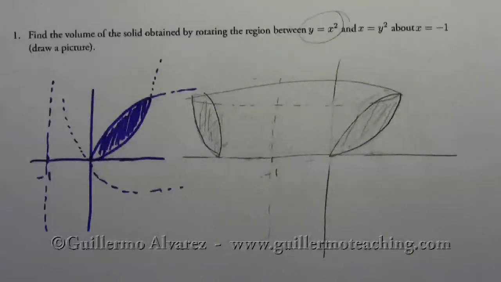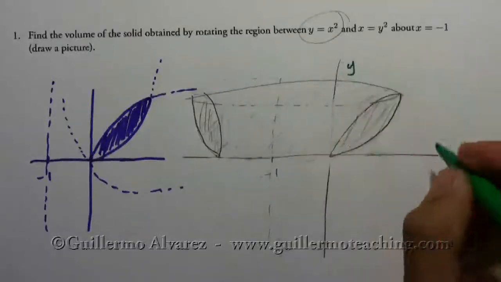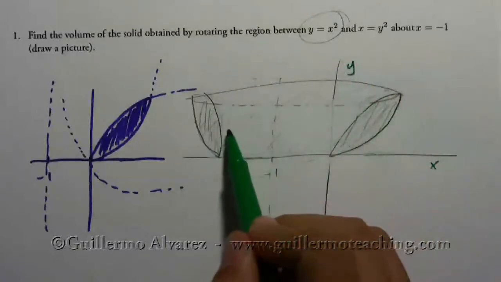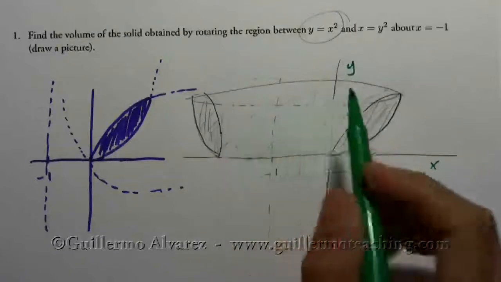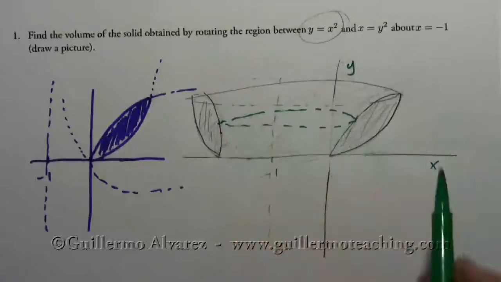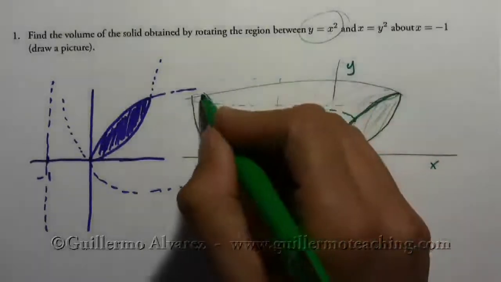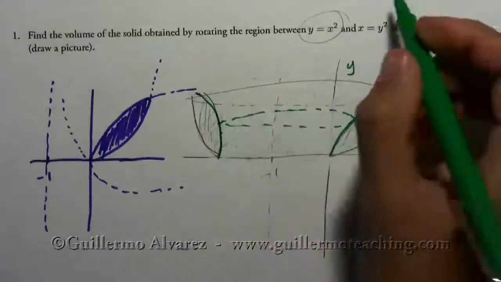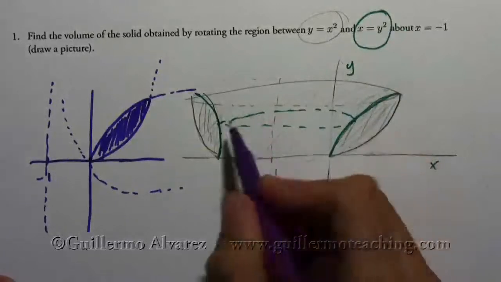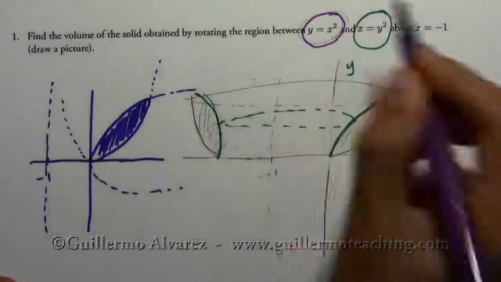Okay, so then I need to figure out how I'm going to go about it. It looks like the easiest thing to do would be to integrate with respect to y. And so my cross sections would be disks. The inside cross sections would be for x equals y squared, and then I would have my outside cross sections, that would be for y equals x squared.